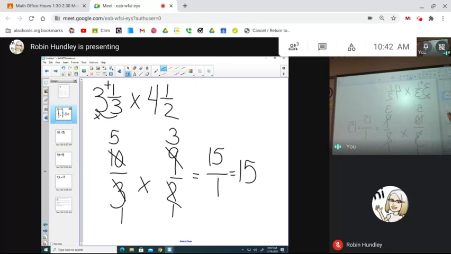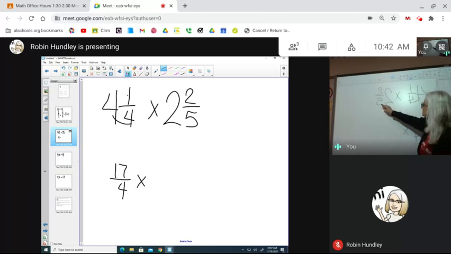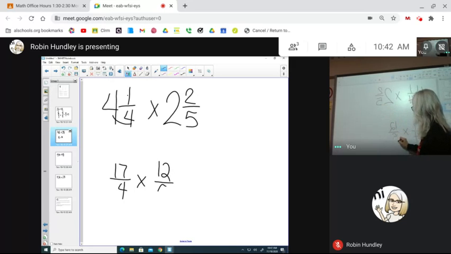Let's try number 2, shall we? 4 1/4 times 2 2/5. Convert your mixed numbers into improper fractions. 4 times 4 is 16, plus 1, 17/4. 2 times 5 is 10, plus 2, 12/5.